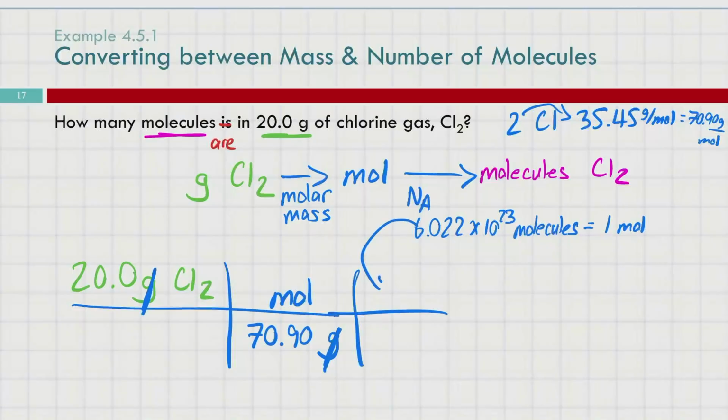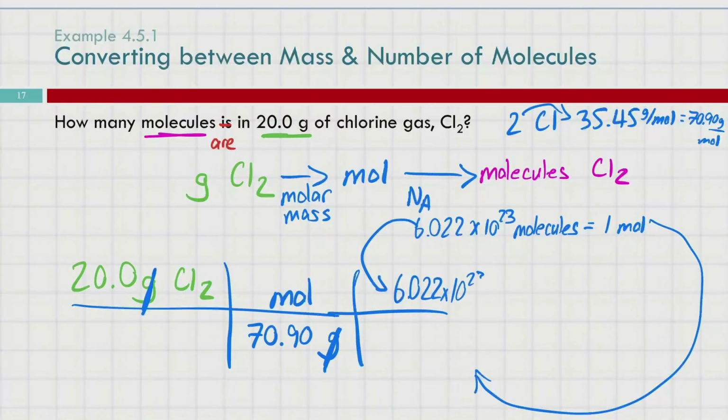We need the molecules part to go on top and the moles part to go on the bottom. So we're multiplying by Avogadro's number. The moles cancel. So our units at the end will be molecules of chlorine gas Cl2.